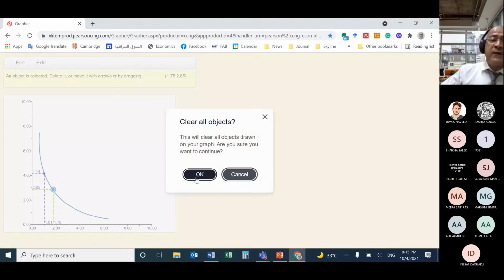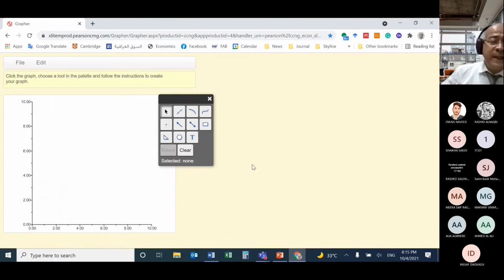So this demand curve is called unitary elastic or unit elastic.